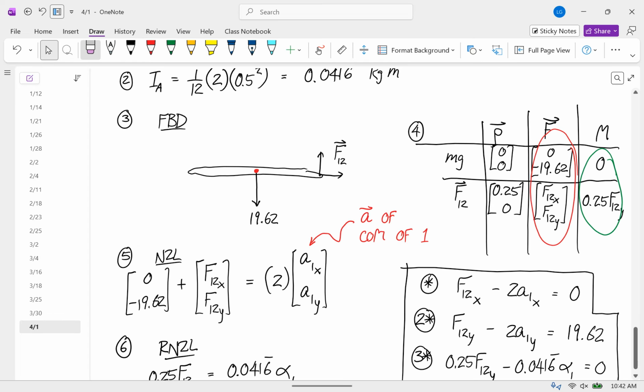So now we'll go to body 2. I almost fell for it and drew a free body diagram again. We're doing rigid bodies. So step 1, is there a fixed point? Yes. The one on the right. And so A is the pin at the bottom.